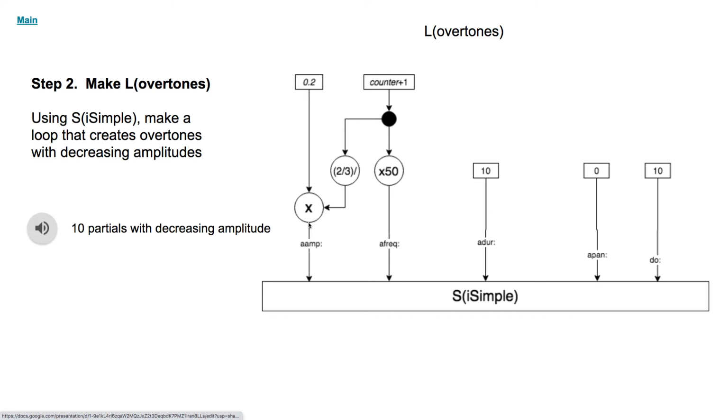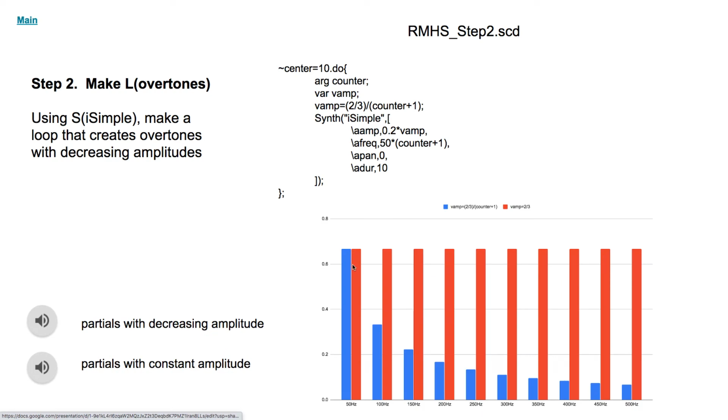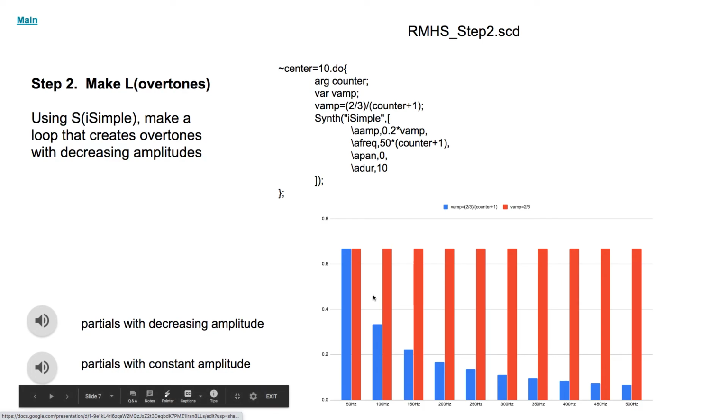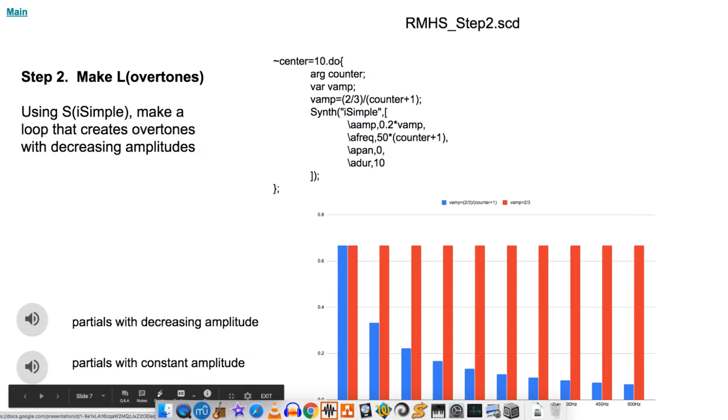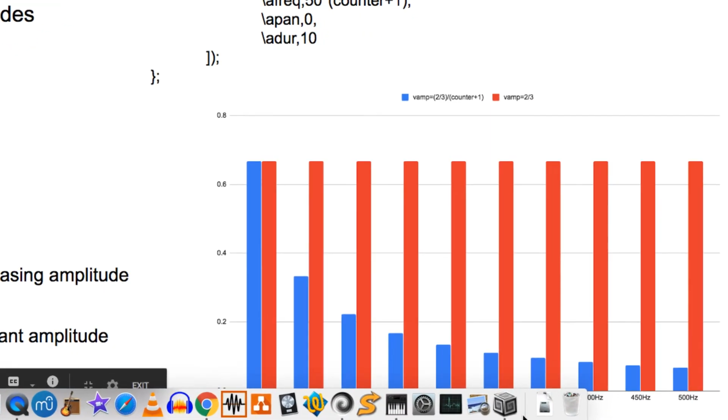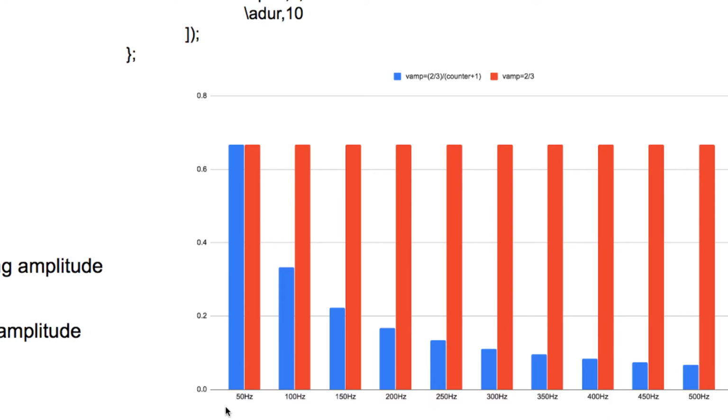So what it's going to create is the blue line you see in here. Every overtone you create will have 2/3 of the amplitude of its previous one.